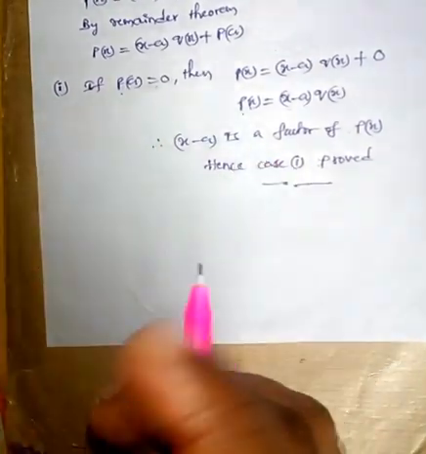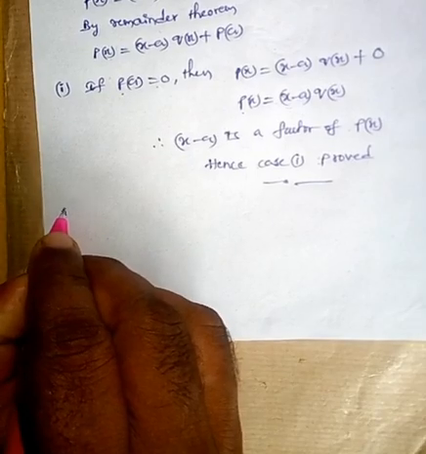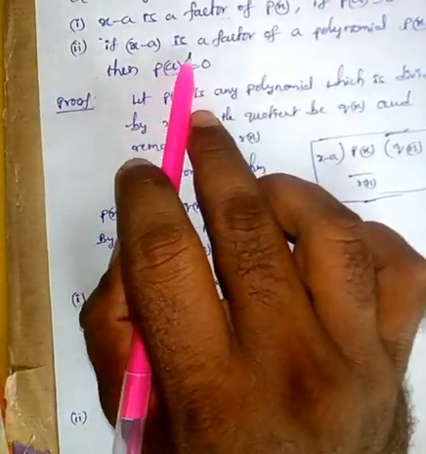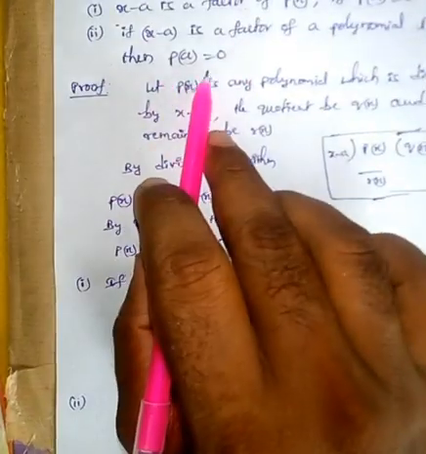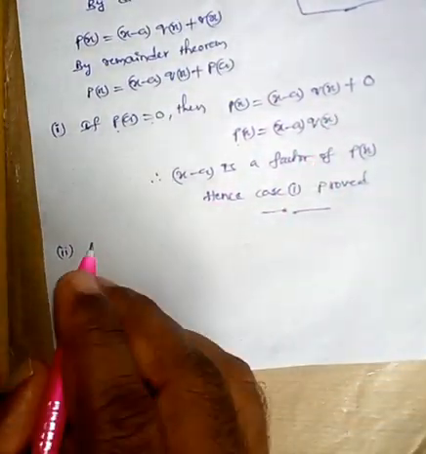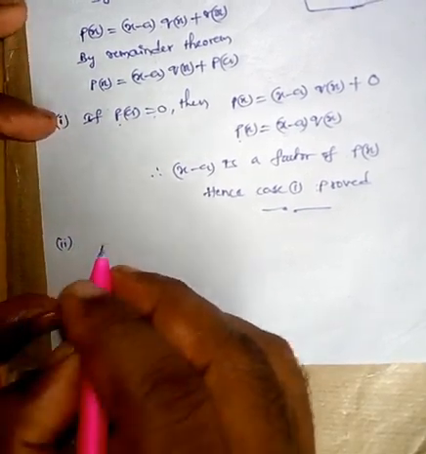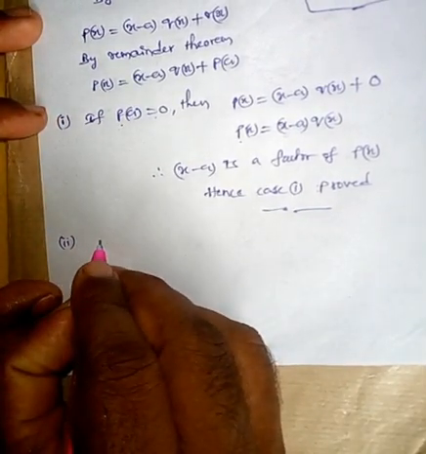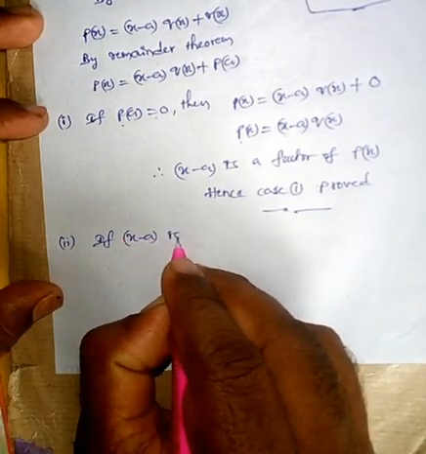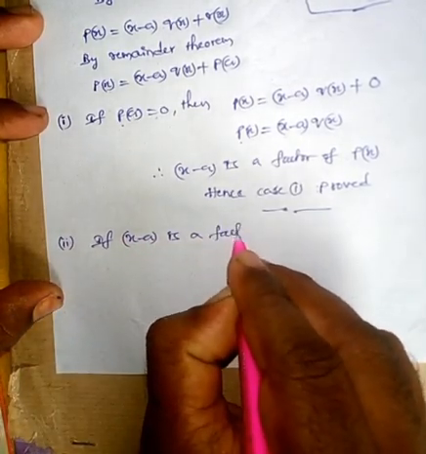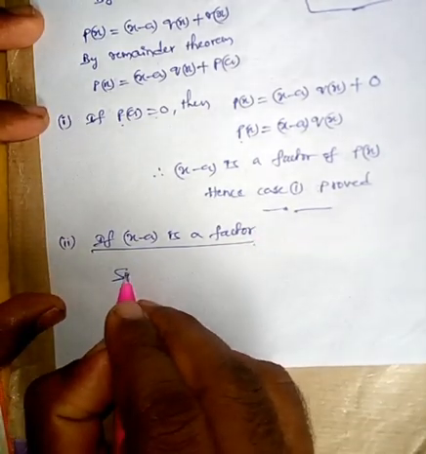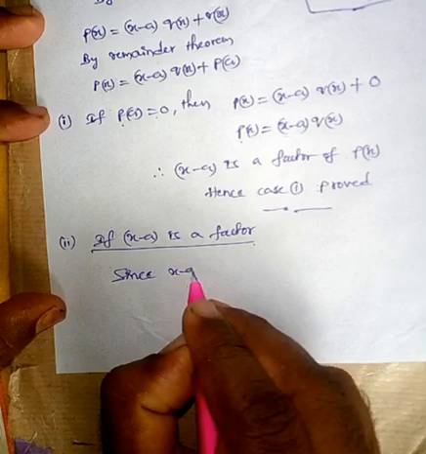Now the second case, that is, if x minus a is a factor of p(x), then p(a) equal to 0. So the condition given here is x minus a is a factor.